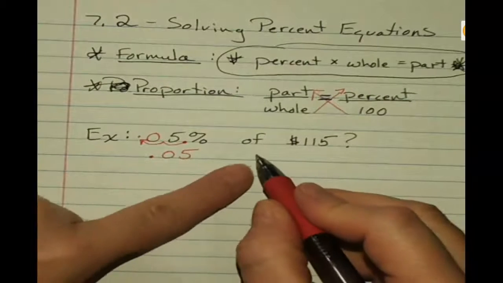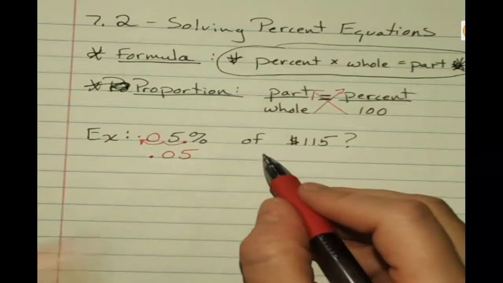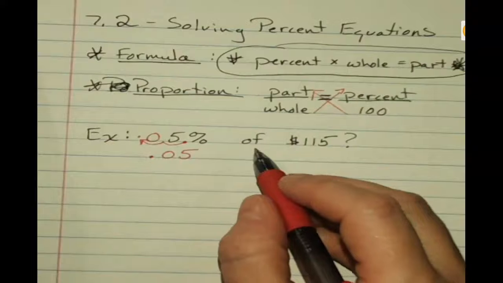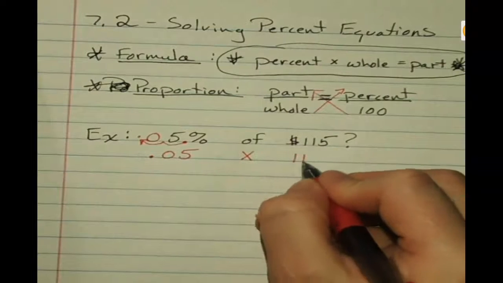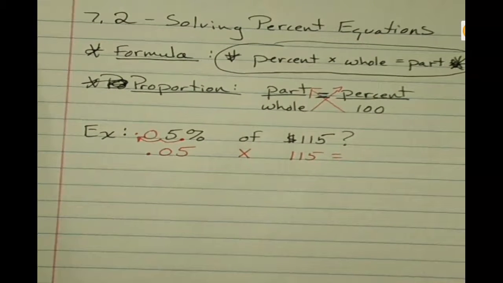What did I tell y'all of is? Equals. No. Multiplication. Of is always multiplication. And then you bring down 115. Boom. That's all you do.